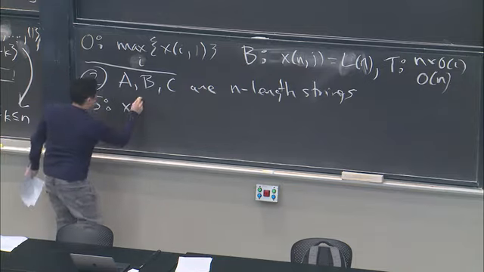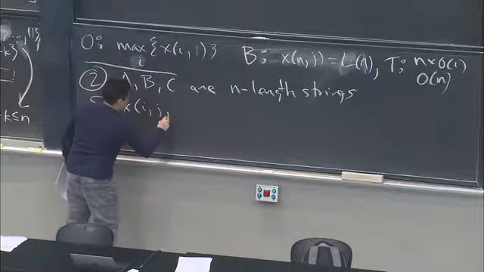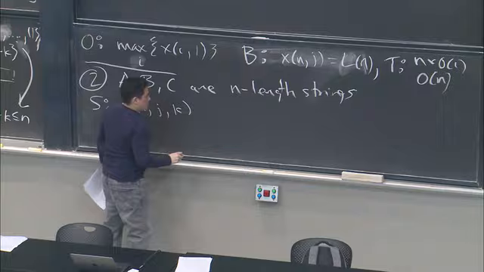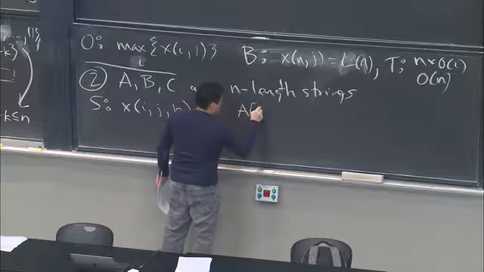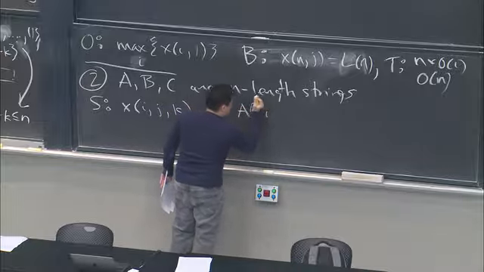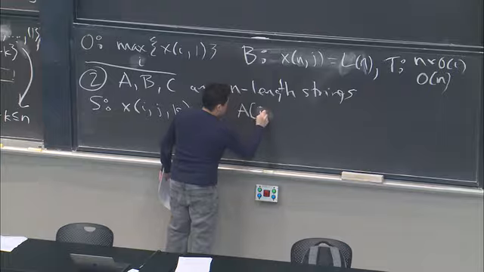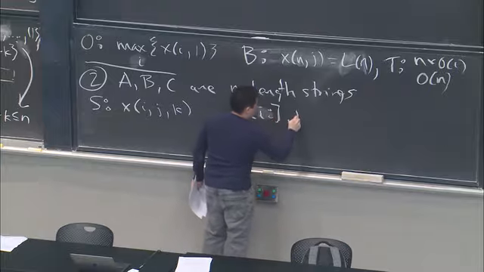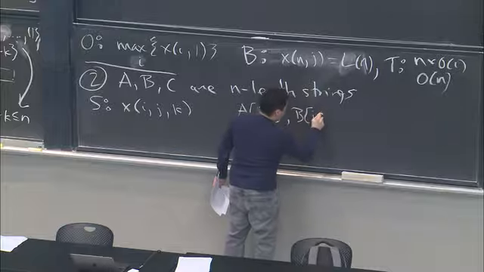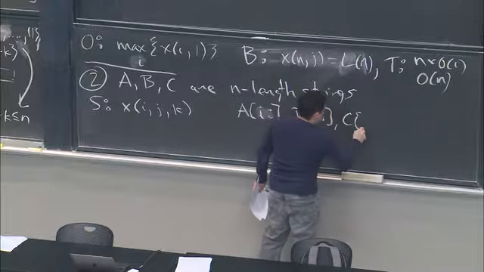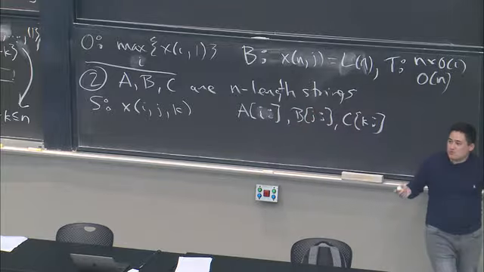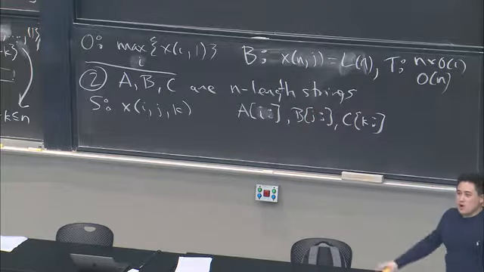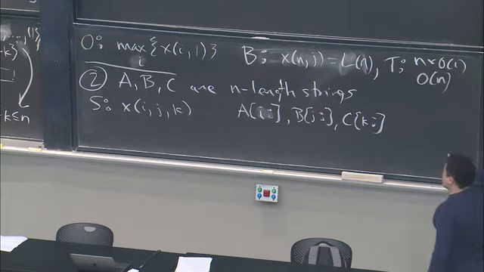Something like I, J, K, where we're talking about the prefixes, sorry, that's prefixes. I, B, J, and C, K. Right? That seems reasonable, at least. It's what we would do for longest common subsequence.